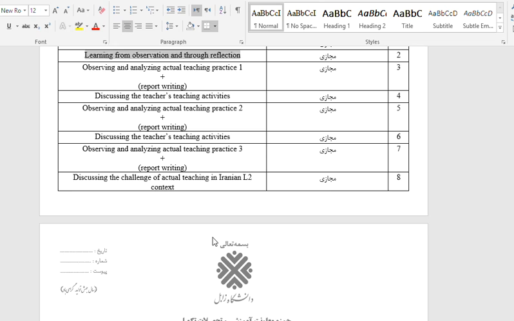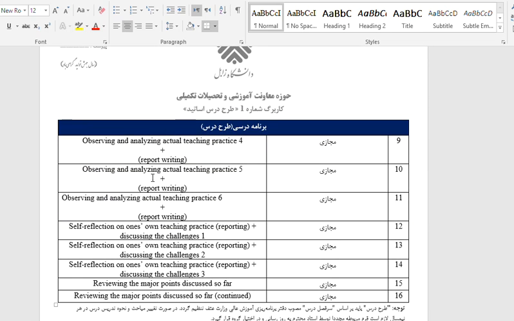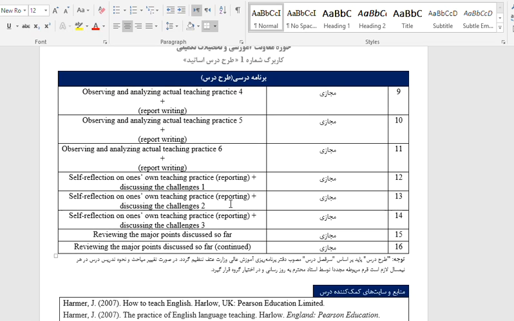So we discuss those points. Again, we observe, and by observing and considering your reporting, we discuss different points we have observed and seen in our classroom analysis.